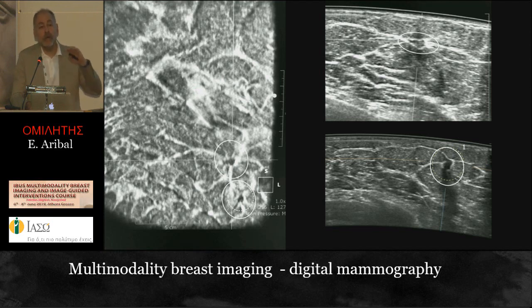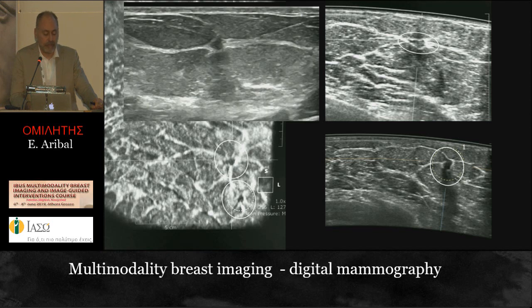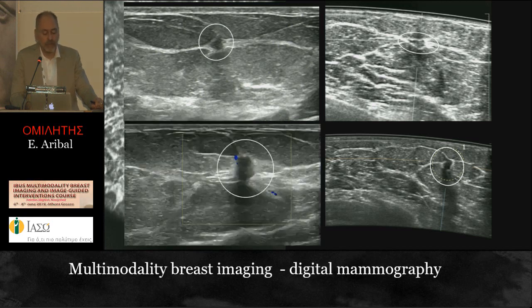So would you do biopsy to both of them, or just the one which was not parallel? You would do both of them, because with the other modalities you have suspicious findings. Here, this is the handheld ultrasound finding of the same image, which is not parallel. This is the second one. And with the Doppler, it has no vasculature.